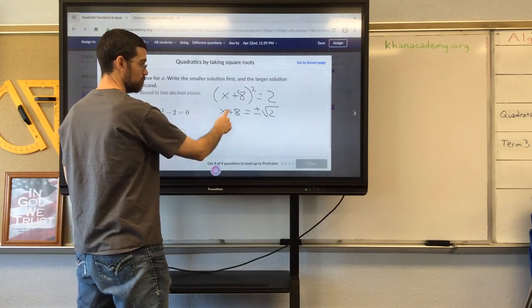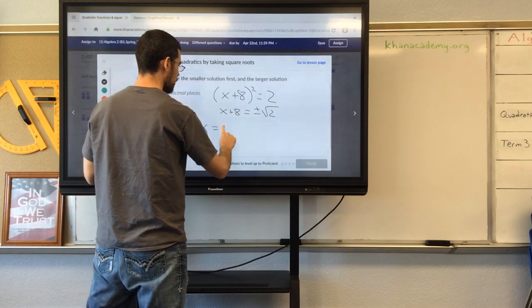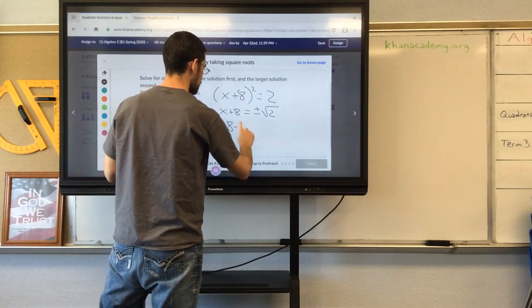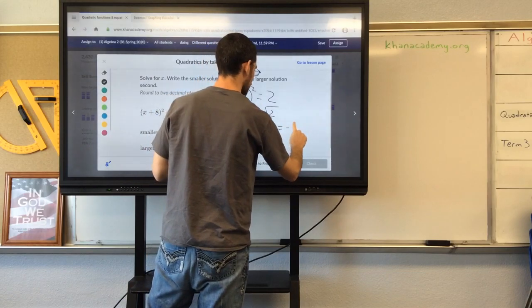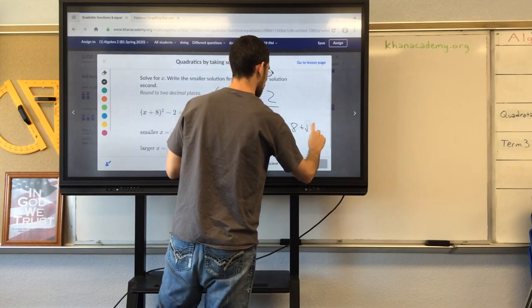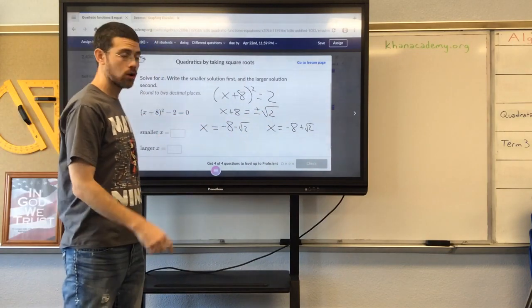We've got to subtract 8 from both sides, so x will equal negative 8 minus the square root of 2, or x will equal negative 8 plus the square root of 2. Now the square root of 2 is about 1.41.